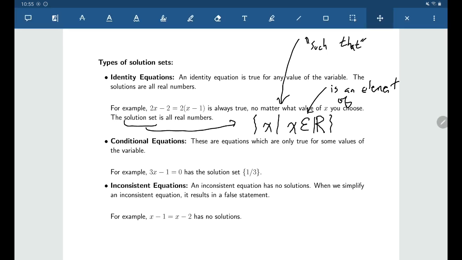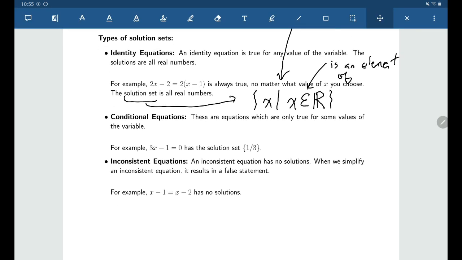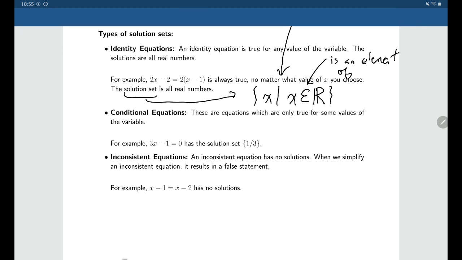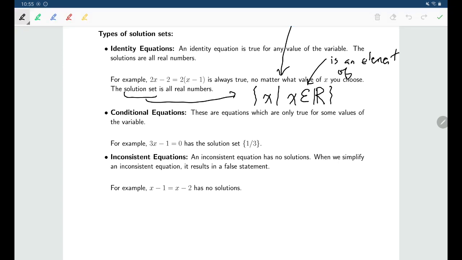The other kind of equation that we could talk about is an inconsistent equation, and that's one where there's no solution. So something like this equation, x minus 1 equals x minus 2, that has no solutions. There's no value of x that you can put in that will make the left side equal to the right side of that equation.